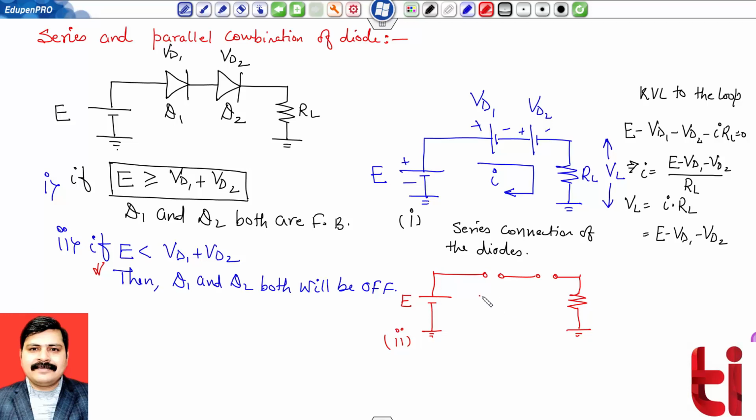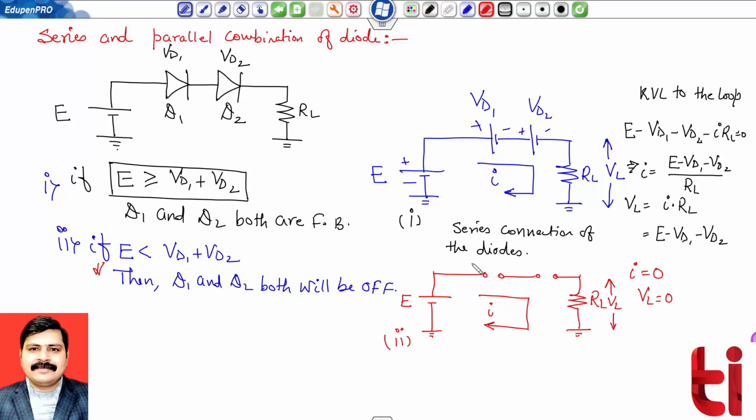I am interested to find the current I, but with the fundamental concept of electrical engineering, I will be equal to 0 as no current can flow through the open circuit. So the value of VL will also be 0 because the value of I is 0. So this is the second case.